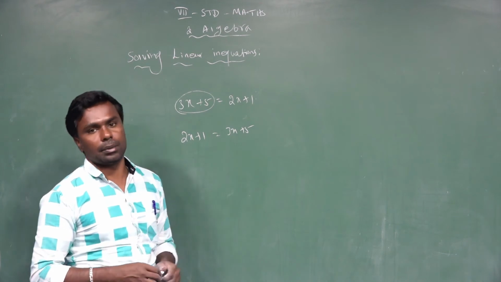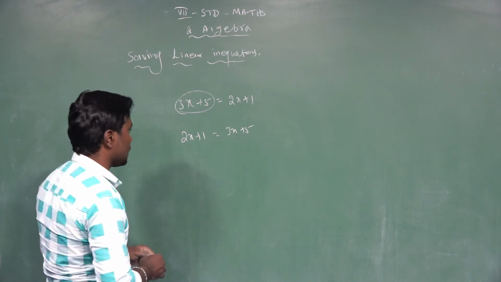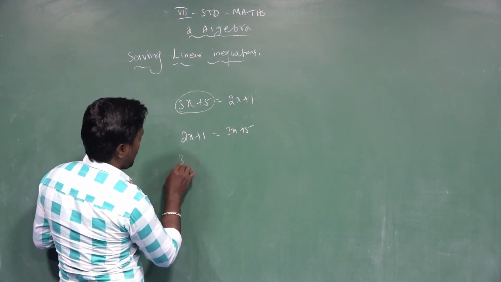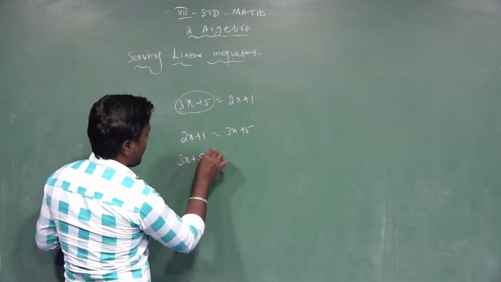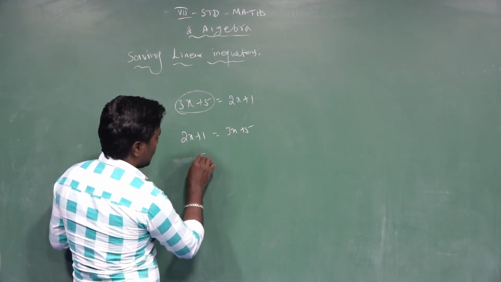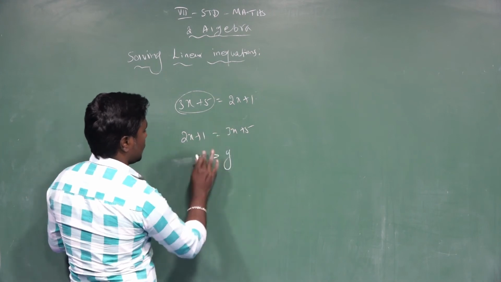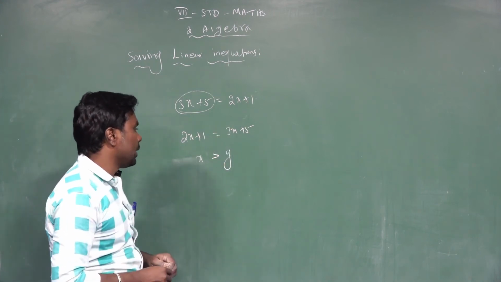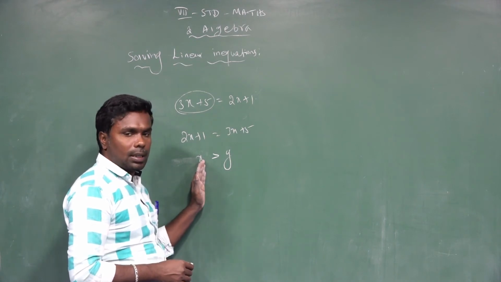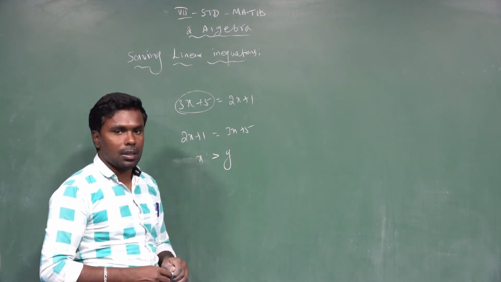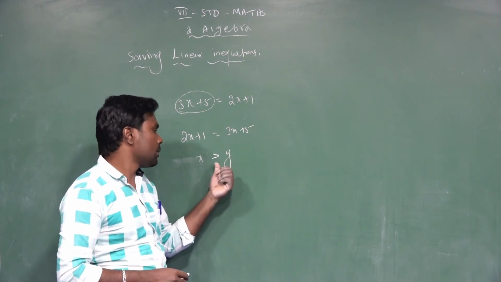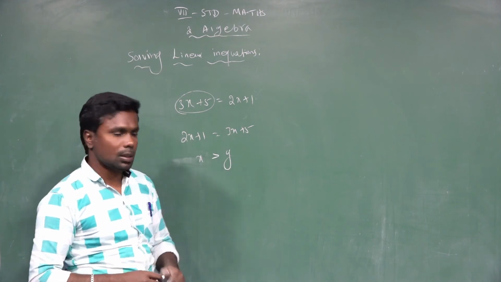But in inequations, for example, x greater than y. Here, when we interchange the left hand side and the right hand side expression, the sign of inequation must be reversed.